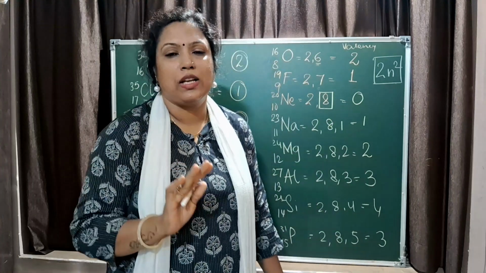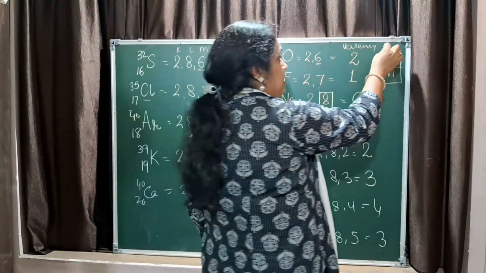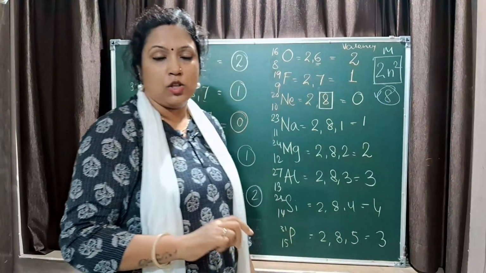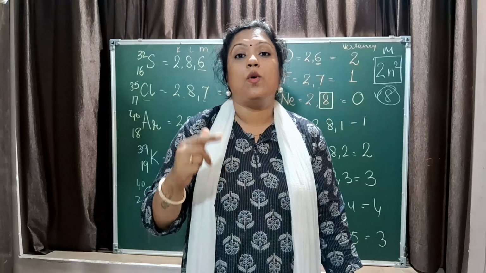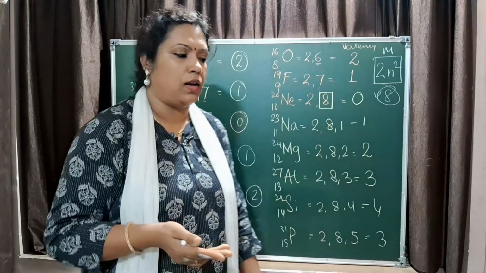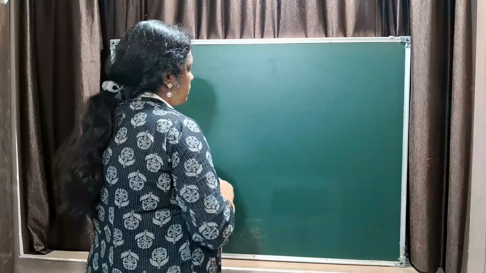That is a basic thing that you need to know till your 10th standard, right? So M has the capacity of 18, but it is happy with 8. So when capacity is asked, write 2n square, and when the number of electrons present in any atom is asked, you write accordingly. Is that clear? Any doubt? No? Let me move ahead.